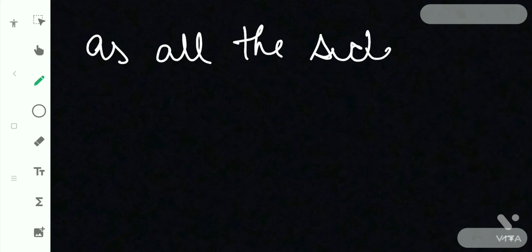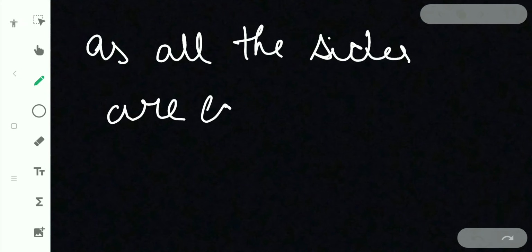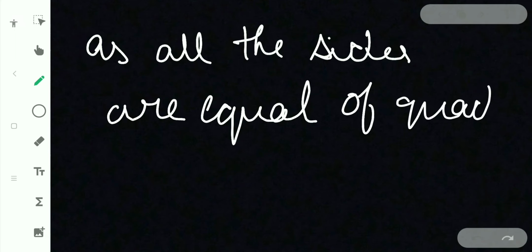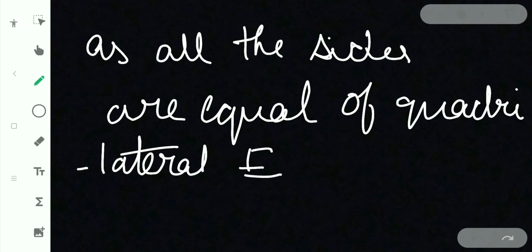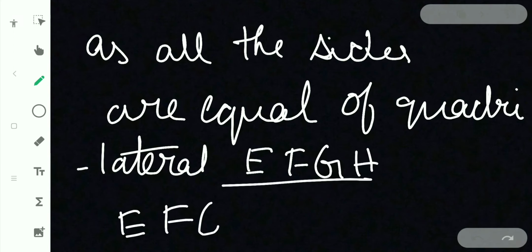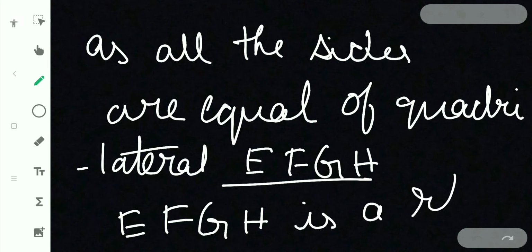So as all the sides of quadrilateral EFGH are equal, this EFGH is a rhombus.